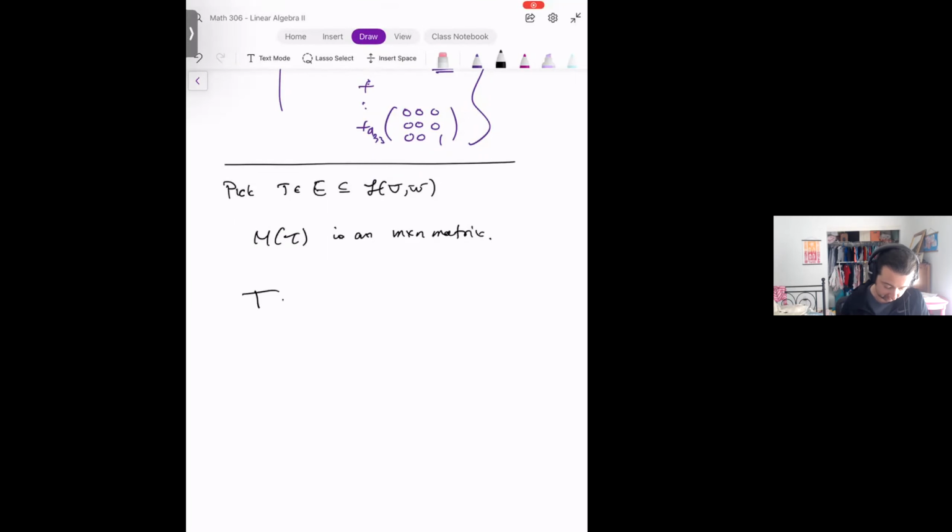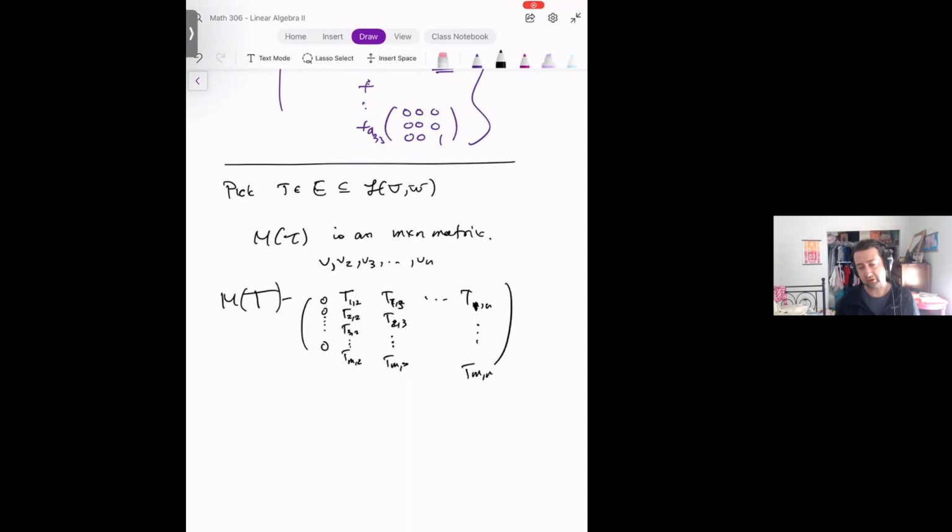The matrix of T: if I pick the basis V1, V2, V3, up to Vn, then the matrix for T looks like a column of 0s down to 0, and then you can think of it as the T12 entry, the T22 entry, the T32 entry down to the TM2 entry, and then the 1,3 entry and the T23 entry down to the TM3 entry, all the way out to T1n down to TMn.